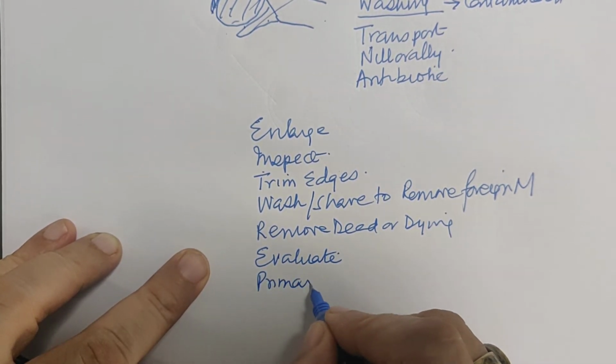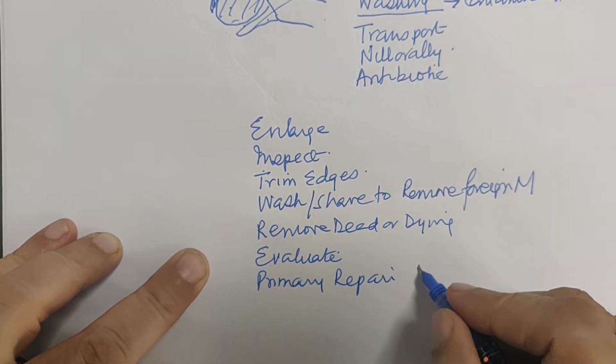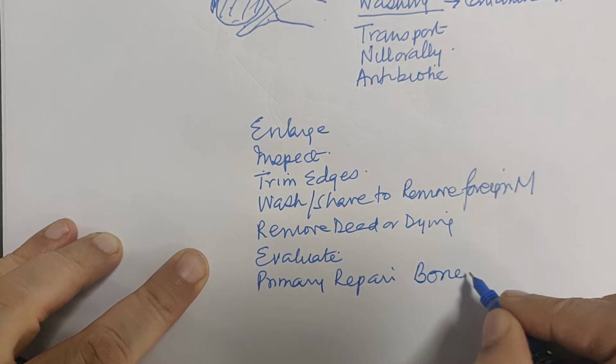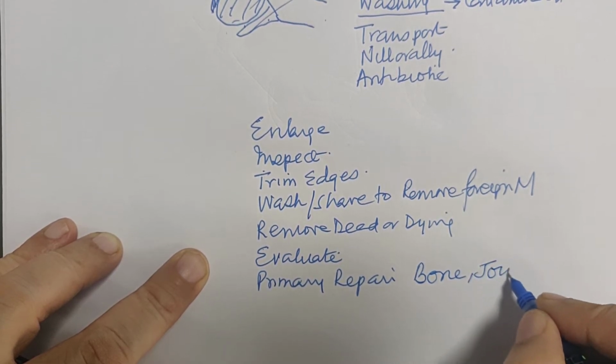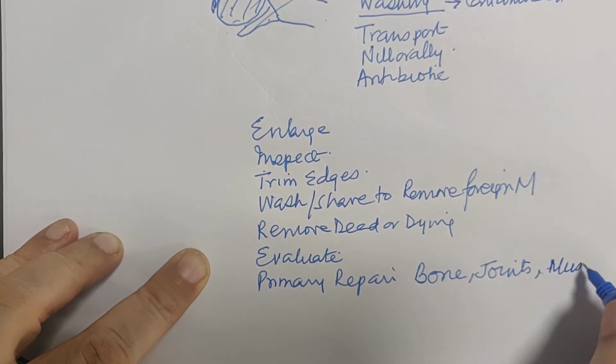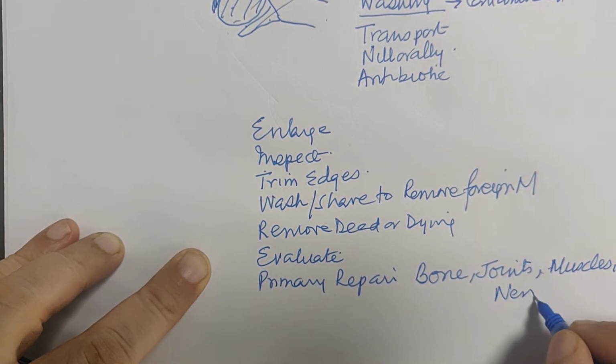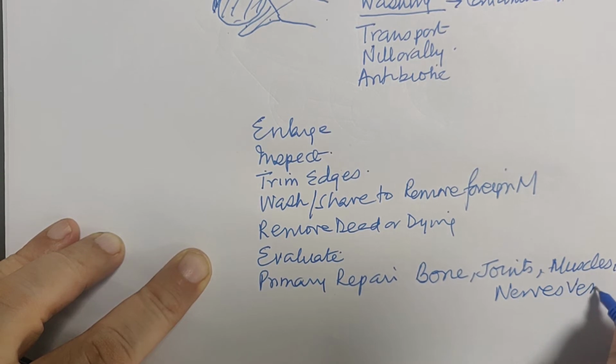Primary repair of the bone, joints, muscles, tendons, nerves and vessels.